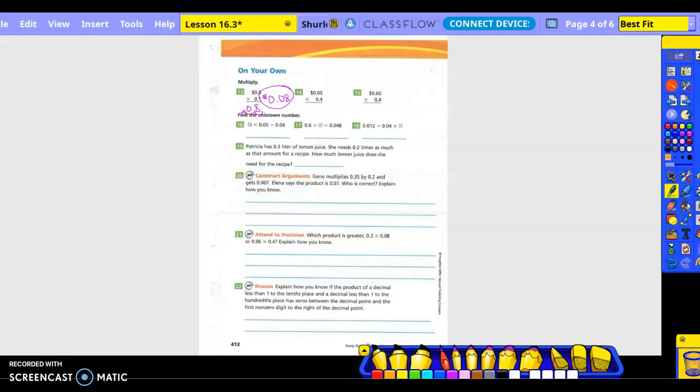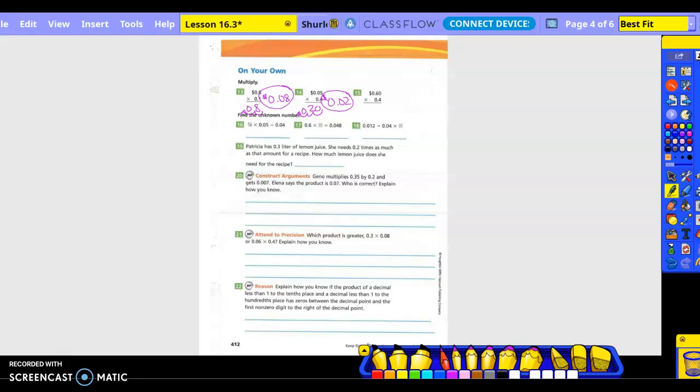All right, pretend like there's no decimals. 4 times 5 is 20. How many decimals on top? 2. How many on bottom? 1. So a total of 1, 2, 3. So I put a 0 in there. My answer is 200. And then I put a dollar sign, so 2 cents.